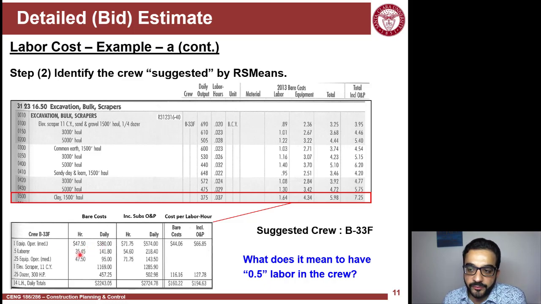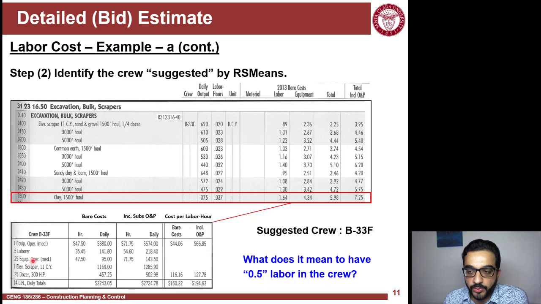But if you do the same for the 0.5 laborer, 35.45 times 8 will not be 141.8. You have to divide over 2 to end up with that. So the cost here is reflecting that you're only using 0.5 laborer in that crew, or effectively you're only benefiting from half of the time of this labor.